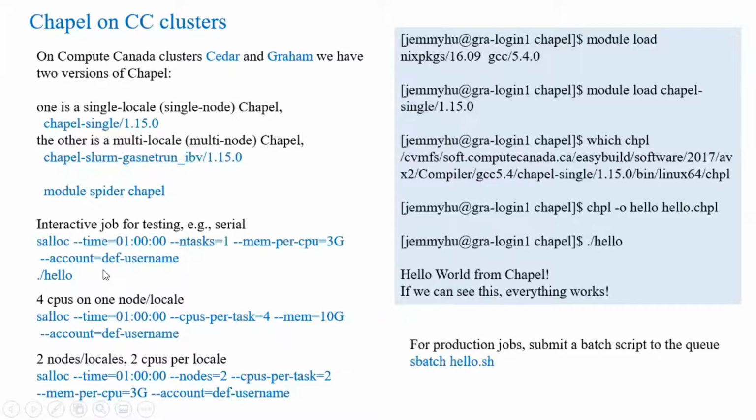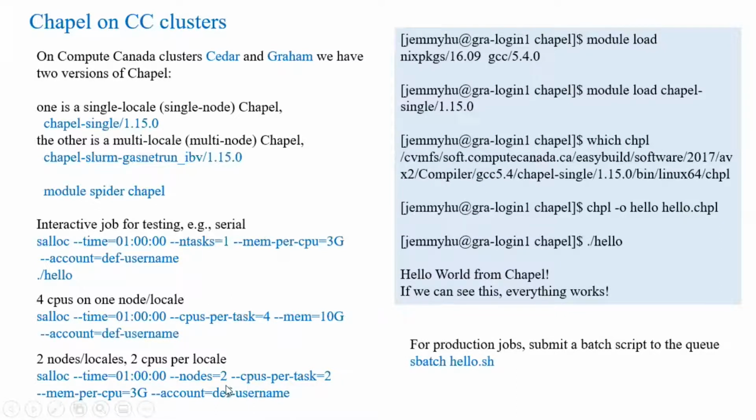And for the parallel run, there are basically two types of reservations. For example, here I reserve 4 CPUs on one node. This will enable me to run a test of parallel Chapel code using the single-node build. It essentially runs the same as shared memory parallel code.